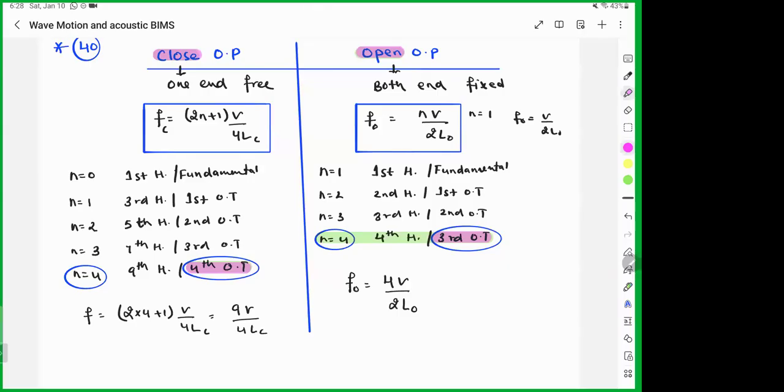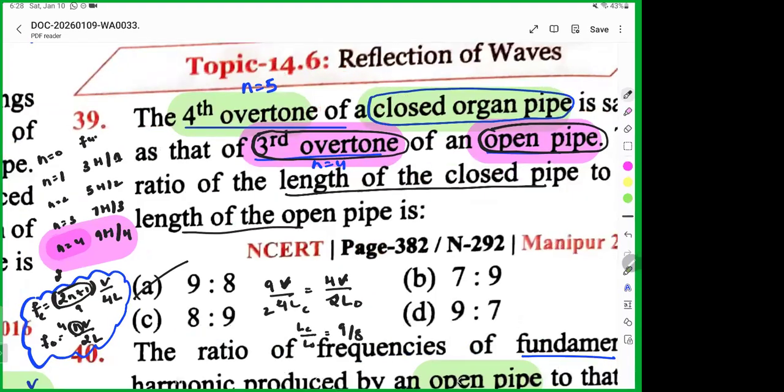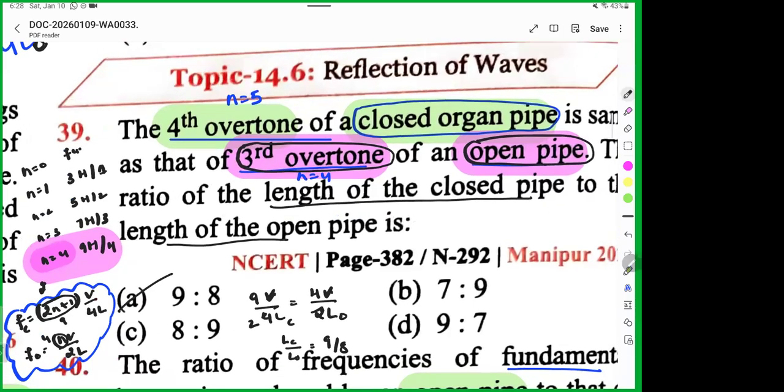Based on the statement, in case of closed organ pipe, your frequency will be equal to 9 by 4 V by L. In case of open organ pipe, 4 by 2 V by L. Any doubt so far? I think now I taught in a way you could understand.